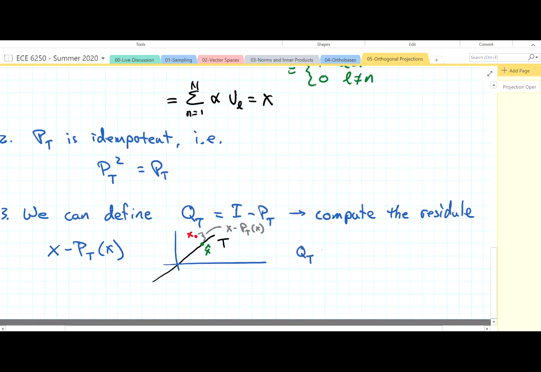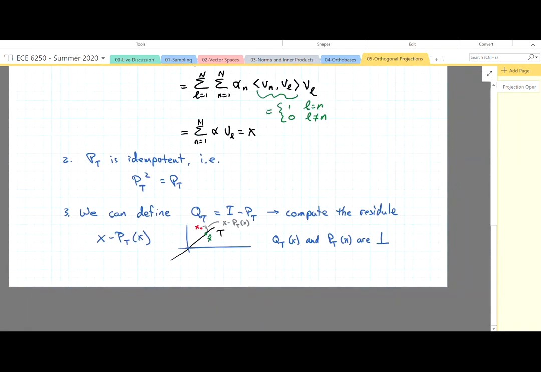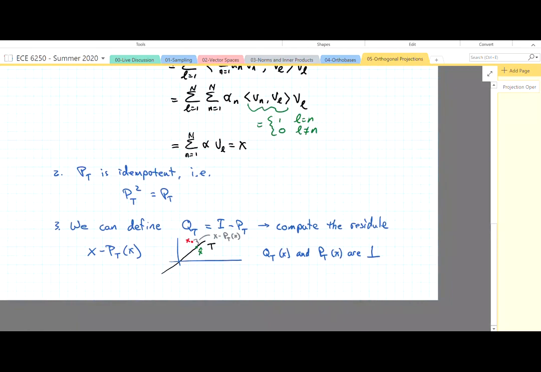So I realized I didn't offer a complete proof of that statement, but this is one that I think you can look at and convince yourself that this is indeed the case. Give it a shot, see what you think. x minus Pt x. How would you find out if it's orthogonal?